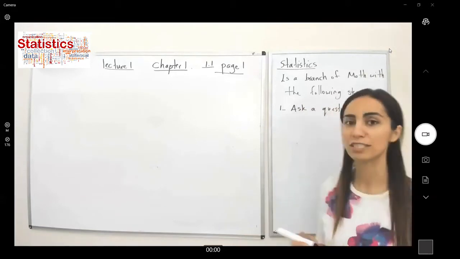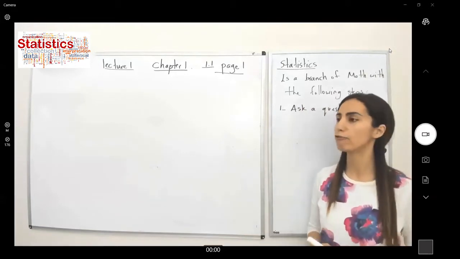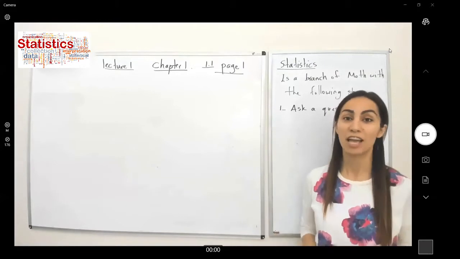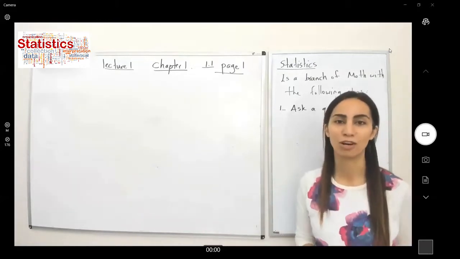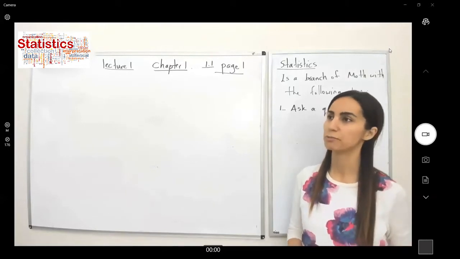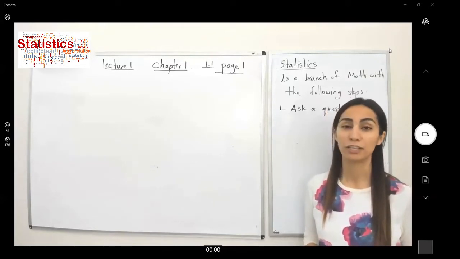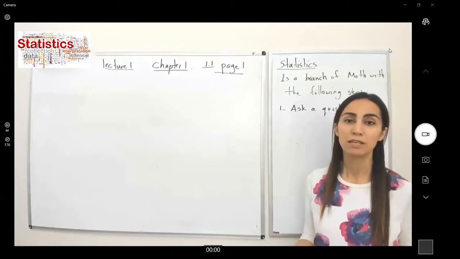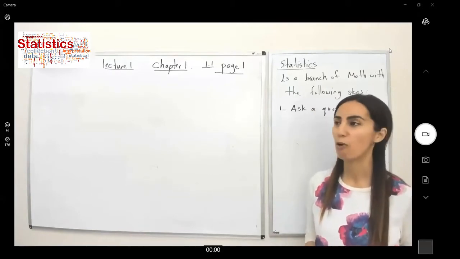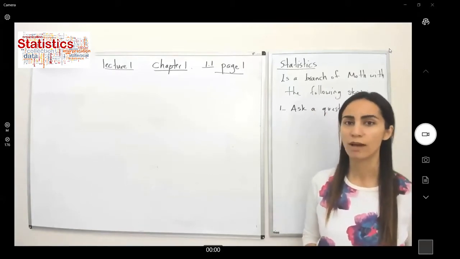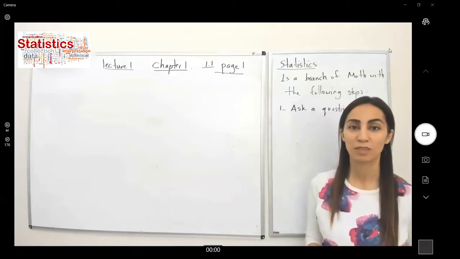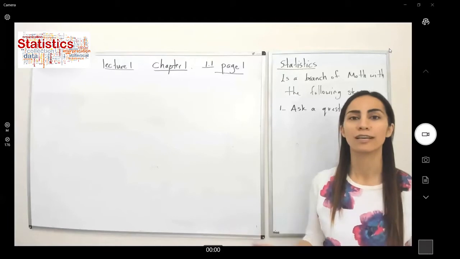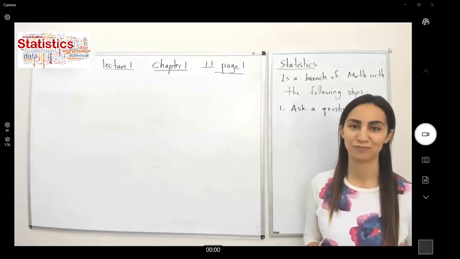You might be interested in, for example, finding the average SAT scores in all California colleges. You might be interested in finding the mean or median or mode of housing prices in San Jose. So you start by asking a question.